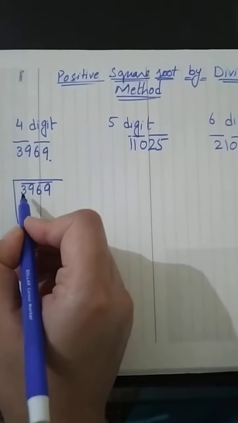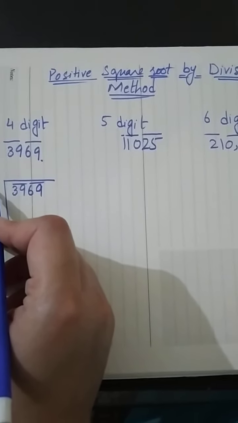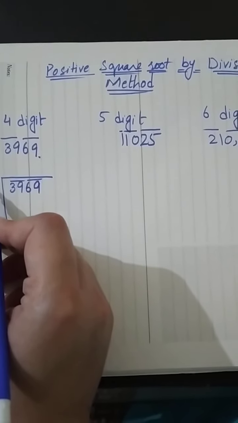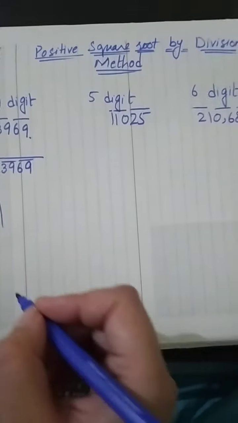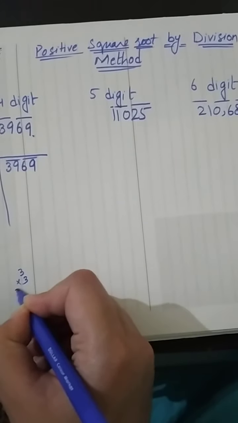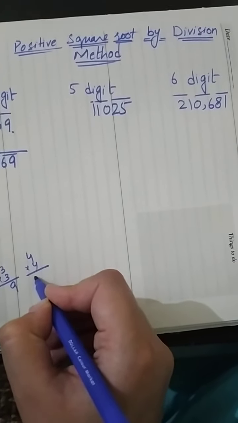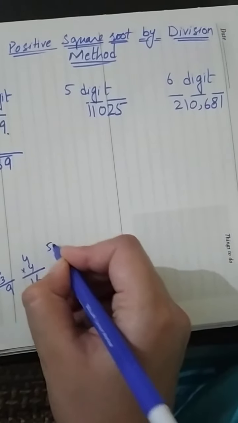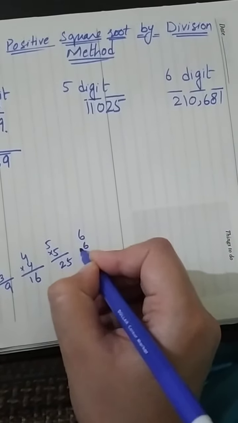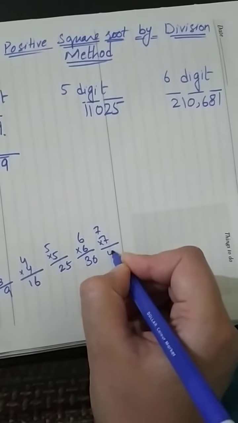Here the first pair is 39, so you have to choose a divisor which is a perfect square, like 3 3s are 9, 4 4s are 16, 5 5s are 25, 6 6s are 36, 7 7s are 49.